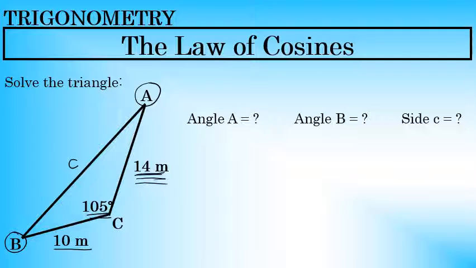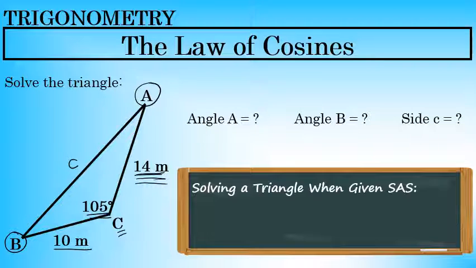Note that side C is opposite angle C. In triangles, usually, sides are labeled with a lowercase letter, the same letter that the angle opposite is labeled with as a capital letter. To solve a non-right triangle, such as this one, when given side, angle, side, trigonometry must be used.